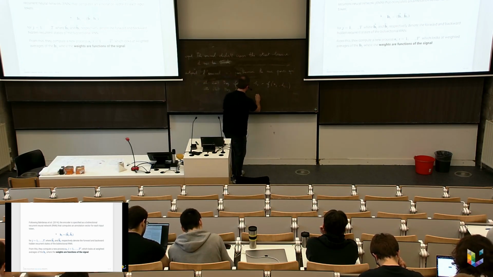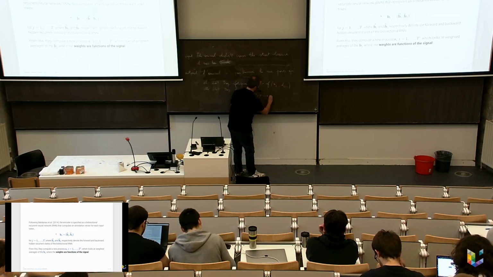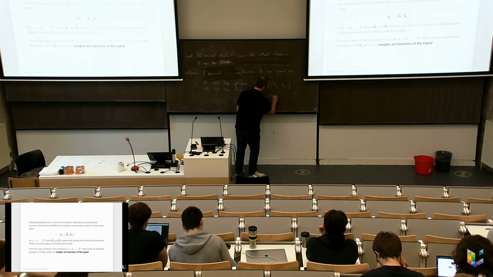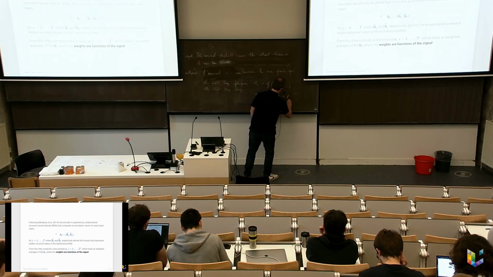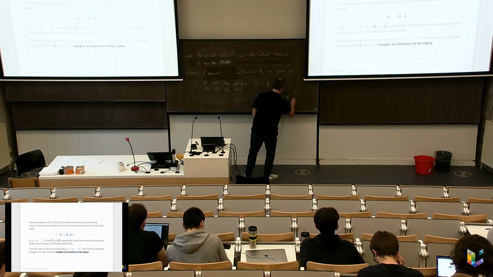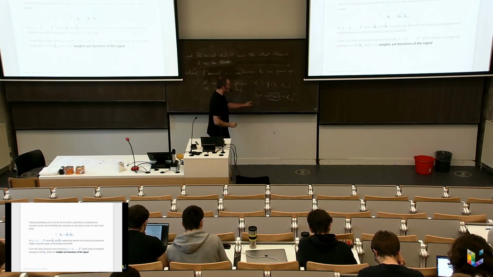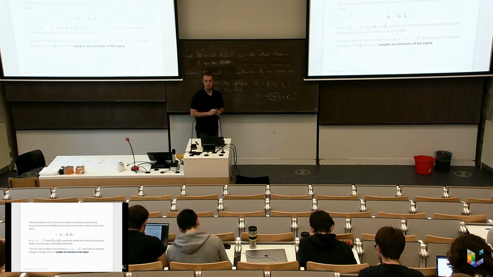So you have as input a sequence, then you run it through your recurrent neural network, and that produces a sequence of vectors of the same size as the input sequence.